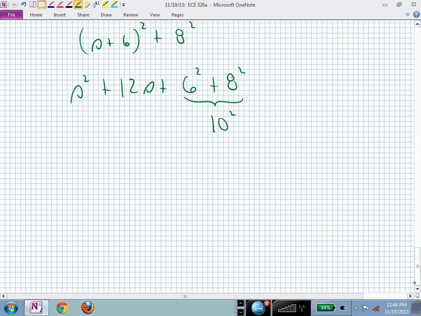So I now have this quadratic, and we know by where it came from that it has complex conjugate roots at minus 6 plus and minus j8.